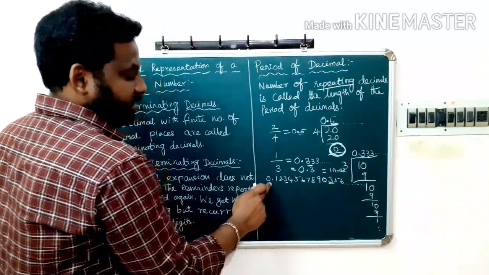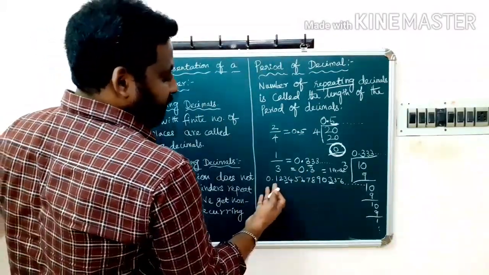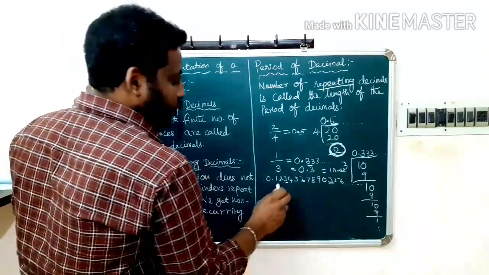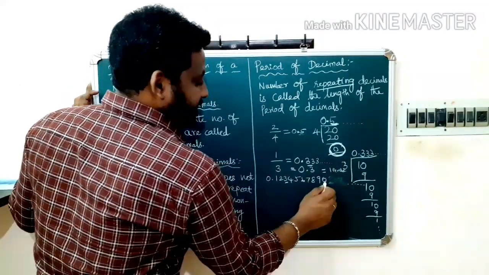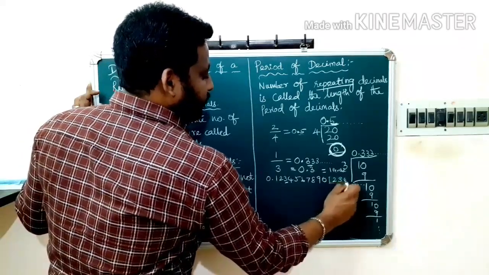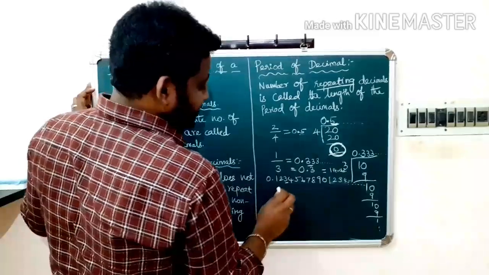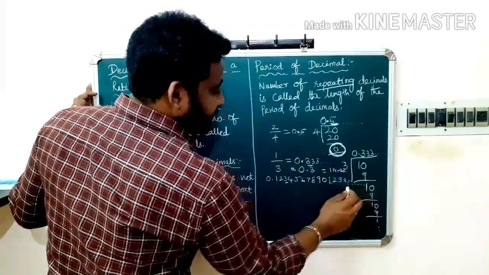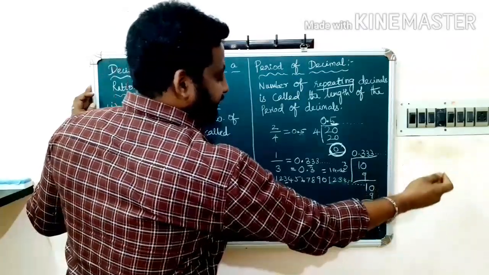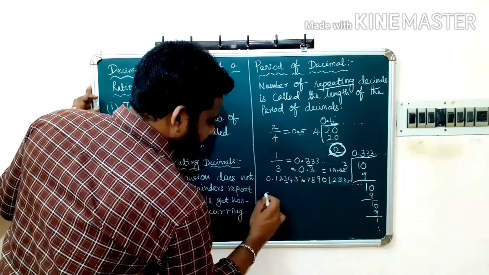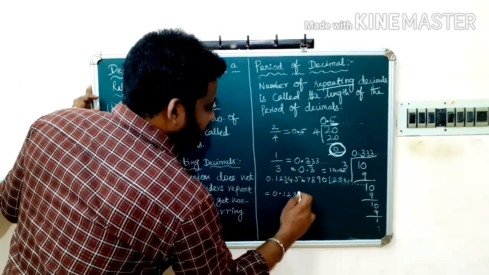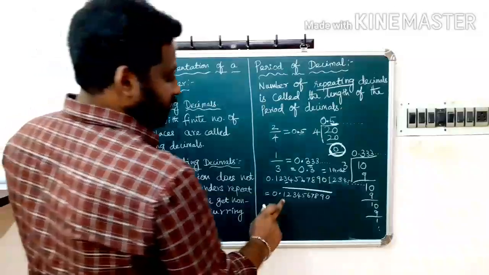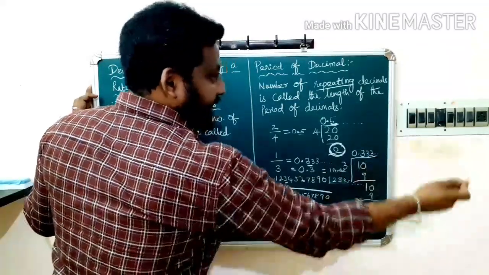But imagine some other number, with decimal places 0.1, 2, 3, 4, 5, 6, 7, 8, 9, 0. Once it ends with 0, it again starts 1, 2, 3, 4, 5, up to infinity. That repeating number we can write as 0 point 1, 2, 3, 4, 5, 6, 7, 8, 9, 0 with a bar on the whole number, because the whole block is repeating again and again up to infinity.